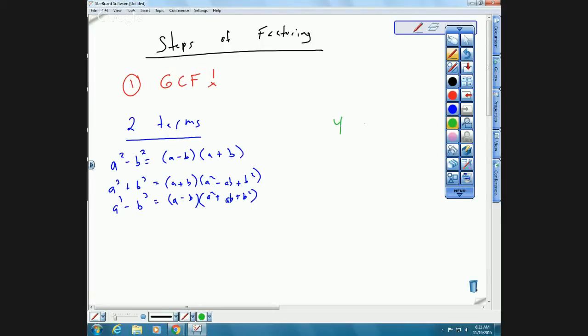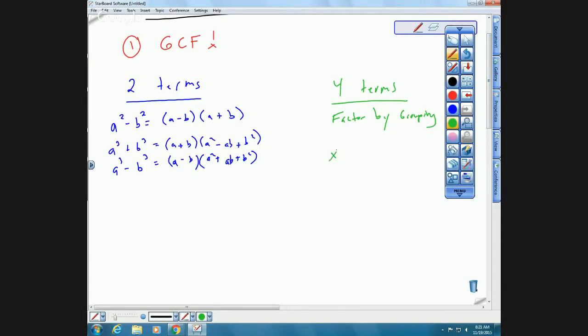Okay, if you have four terms, you have to do factor by grouping. So if you had x cubed minus 2x squared, for example, remember you group them together, you group these two together.